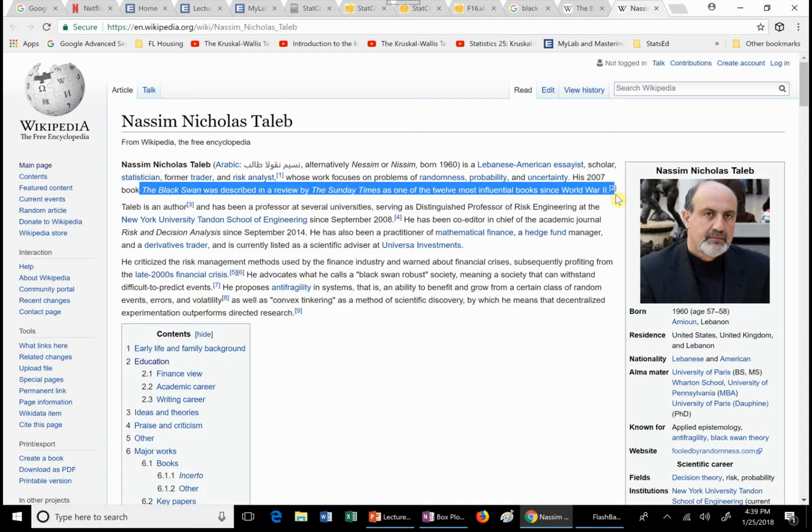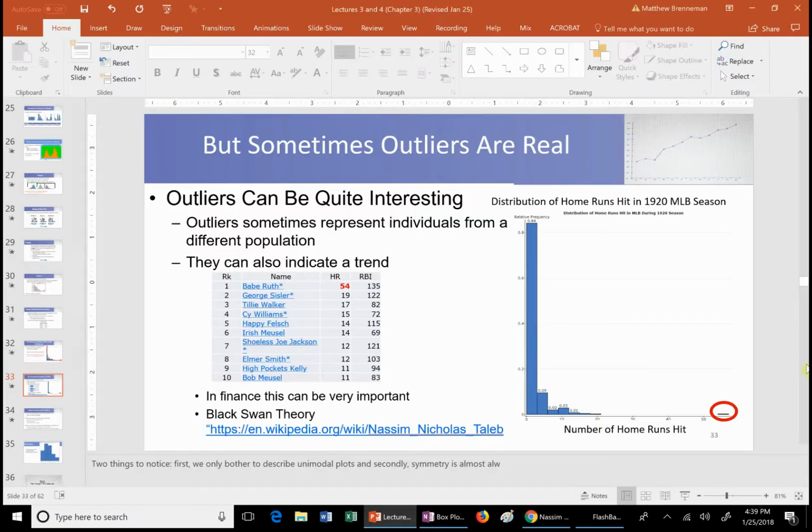He made his fortune out of looking at data points that other people threw away. Why? Because he realized they were trends. So things like the housing bubble that burst, there were these sorts of outliers. There were these indicators. But people didn't pay attention. They just said, oh, it's an outlier, and they threw it away, much to their dismay later on. So we don't throw outliers away, okay? Bottom line.